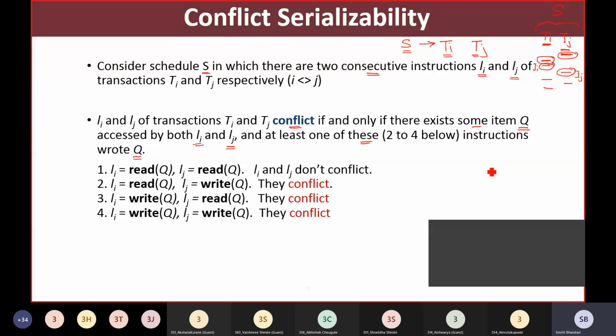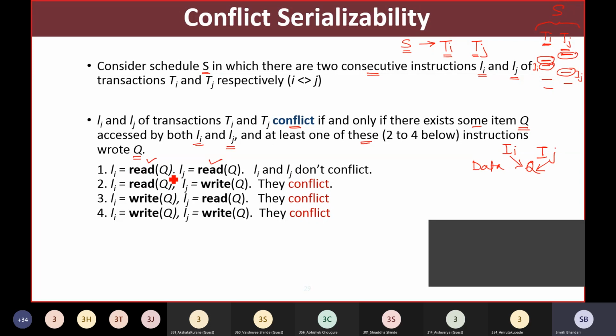What we mean by that? Say for example, if both these instructions II and IJ are accessing the same data element, say Q, and if one of these instructions is writing that item Q, then there is a conflict.